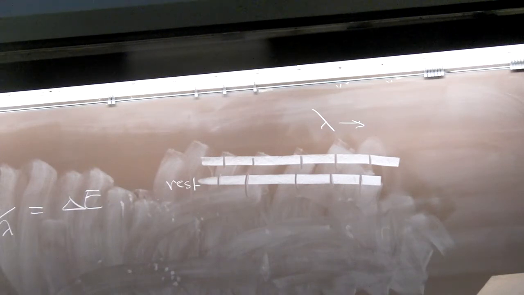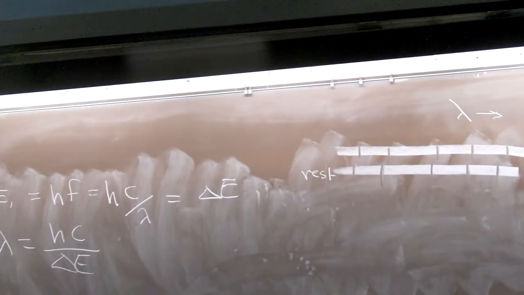So you had questions that said, which are the ones moving away? Those would be longer wavelengths. Which are the ones moving toward? Those would be shorter than the rest wavelength. Which one is moving the fastest? That's the one that's either moving toward or away by the largest amount.